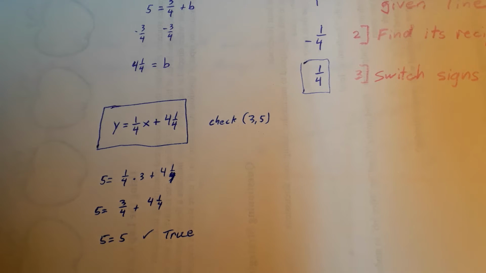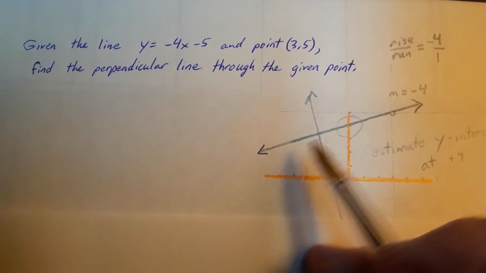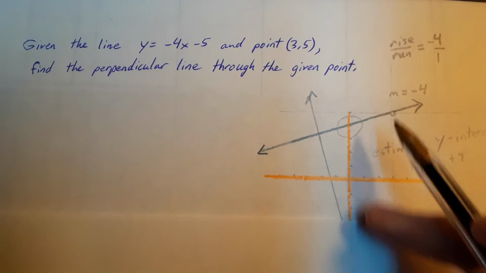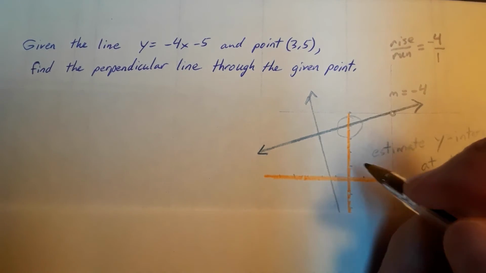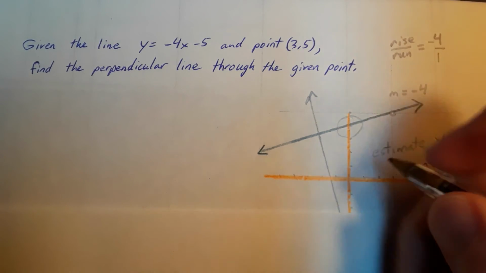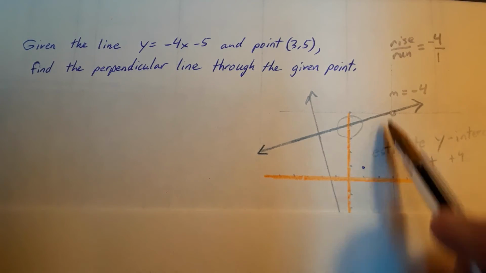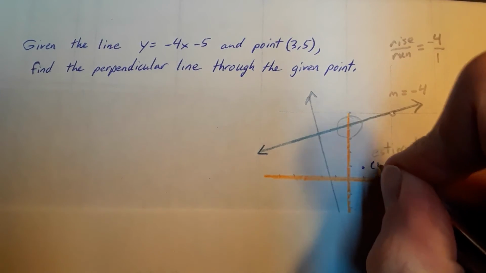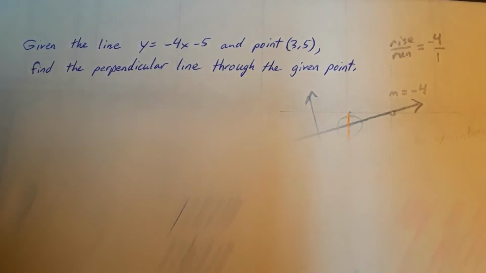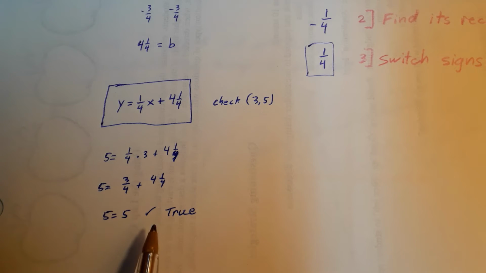Now, just so you know that this works, let's go back to our graph and pick a point that we know is obviously not on this perpendicular. Let's pick the point 1, 1. So down here is the point 1, 1. It is nowhere close to being on this line. If we try the same substitution in here, we should not get a true statement.